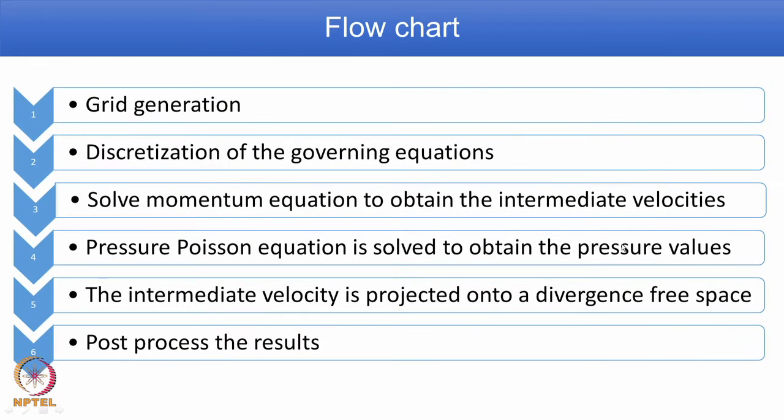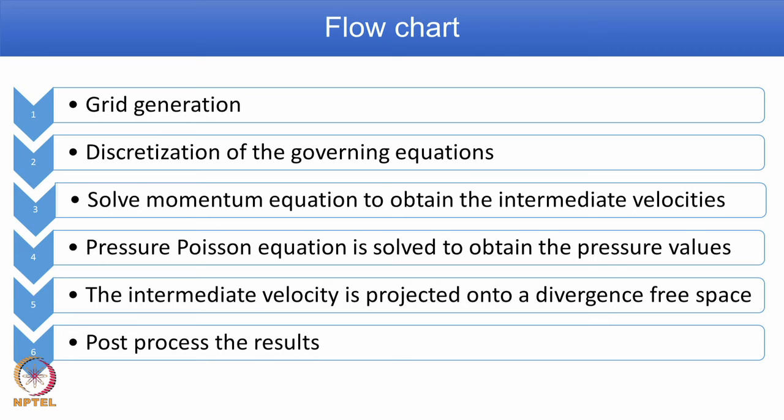So, a complete flow chart for this problem is given here. The first step is grid generation, second step is discretization of the governing equation, third step you solve the momentum equation to obtain intermediate velocities. We have separate u and v momentum equations, you can solve them separately.